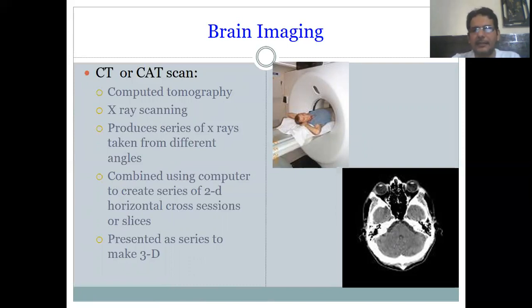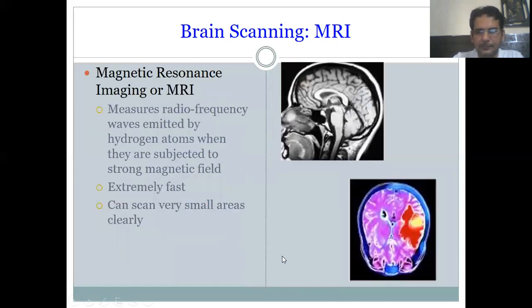Before that, in the case of X-ray, we just used to get 2D images, but in this case, we can take several angles of the brain in the machine, and through the computer make 3D images and have a better idea of the brain structure we want to investigate.